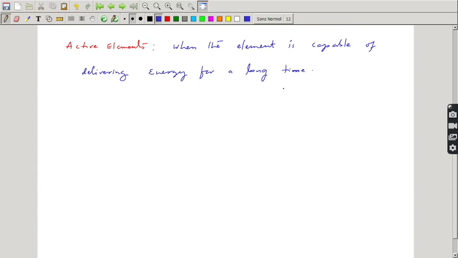Or when the element has the property of internal amplification, then the element is also called an active element.